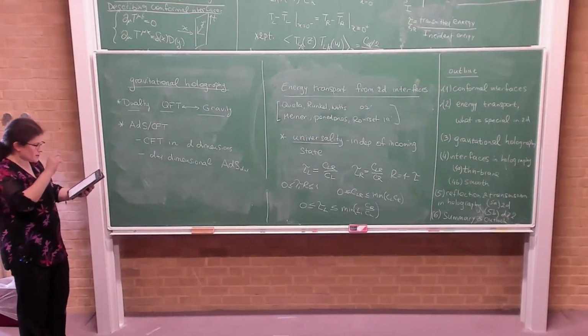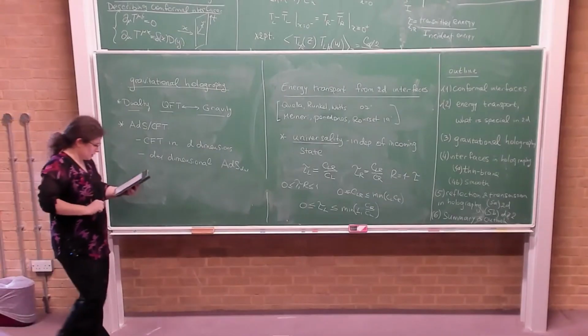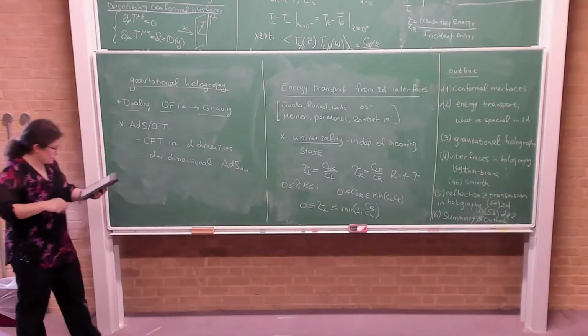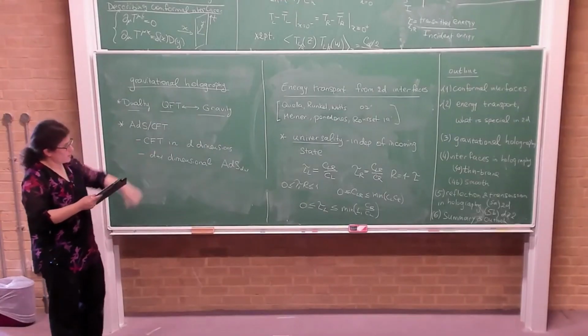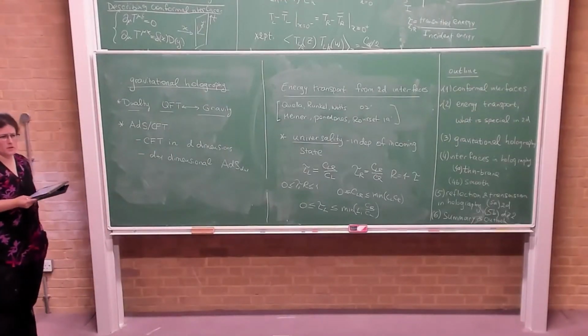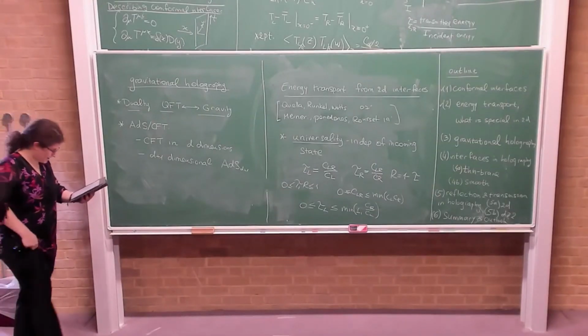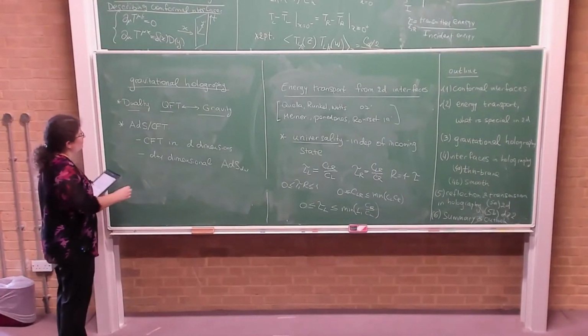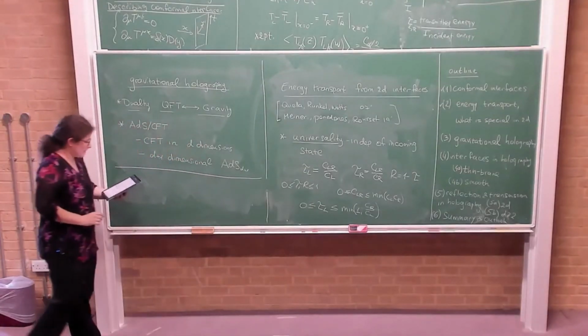The CFT is often depicted as living on the boundary of anti-de Sitter space. There are many very good reviews written on it, but I'm just using it as a tool to answer the question about the reflection and transmission coefficients, because it maps to a more manageable gravitational problem, for example, in higher dimensions. All right, so that was gravitational holography in a nutshell.